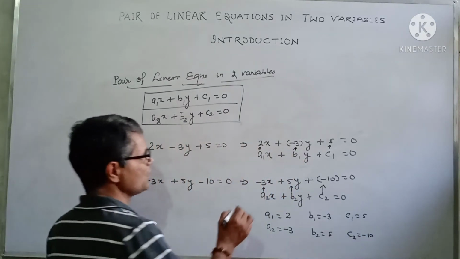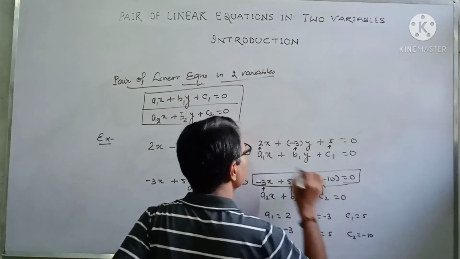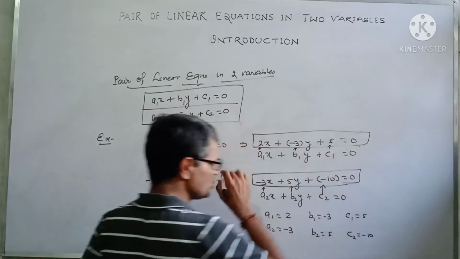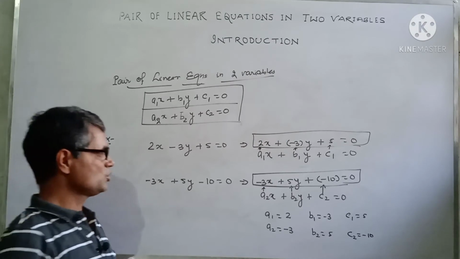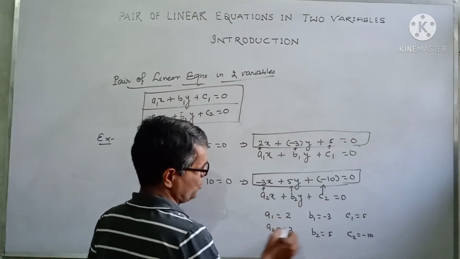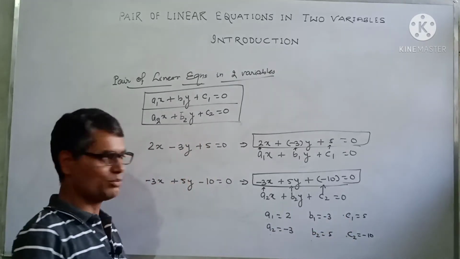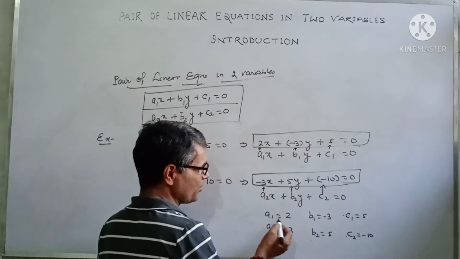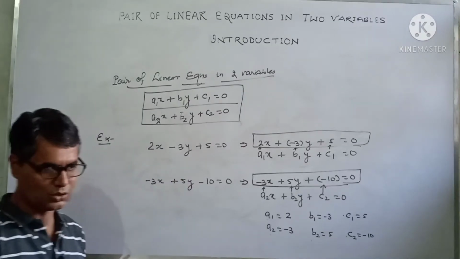In these equations, you see a1, b1, a2, b2, c1, c2 are all real numbers and none of a1, a2, b1, b2 is equal to 0.